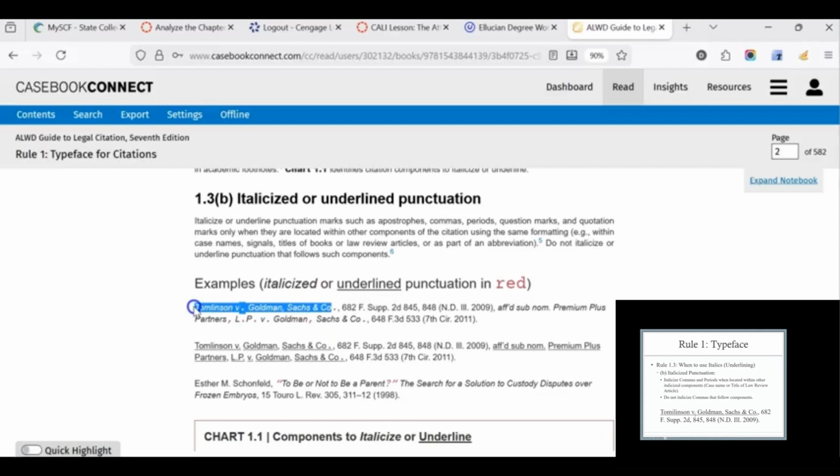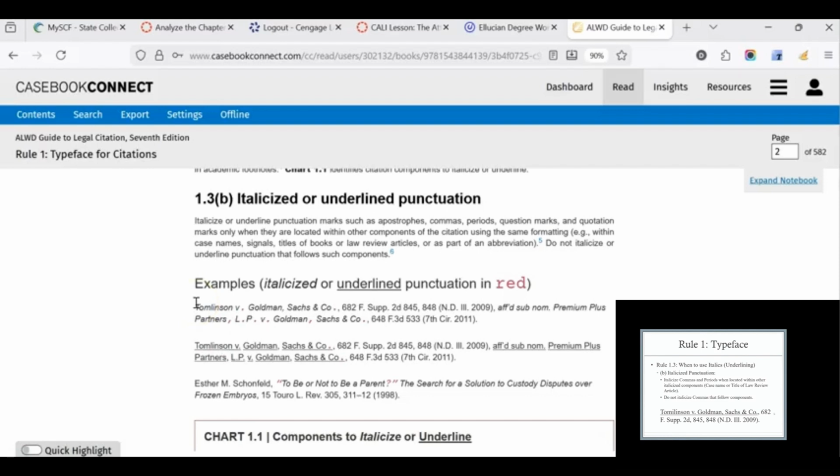So here it's underlined, which is fine, but if I had italicized it, you would see that the little period after V, the comma after Goldman, the ampersand, and that little period right after Co, they would all be italicized as well.